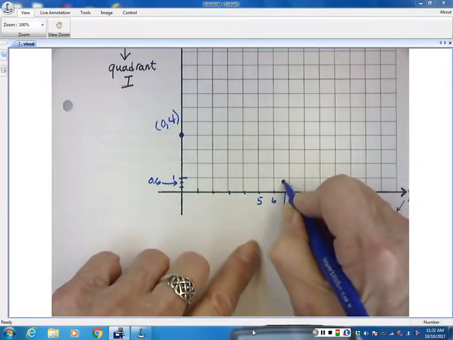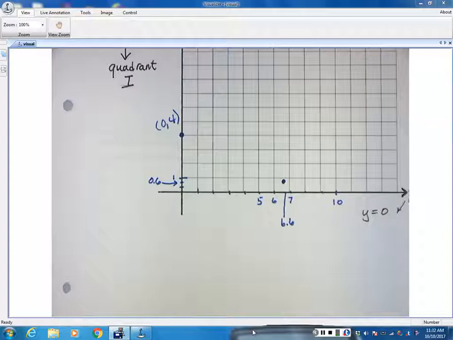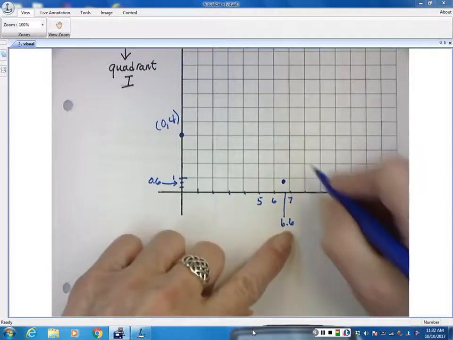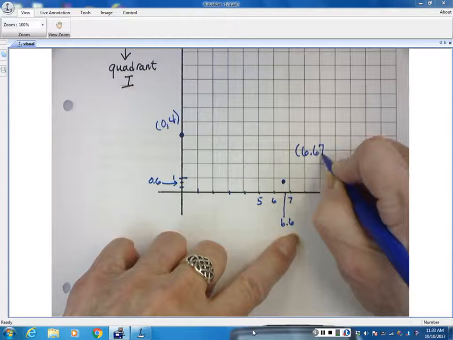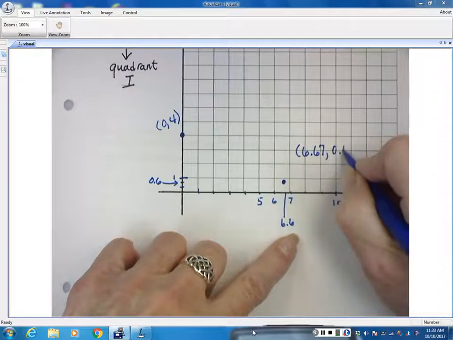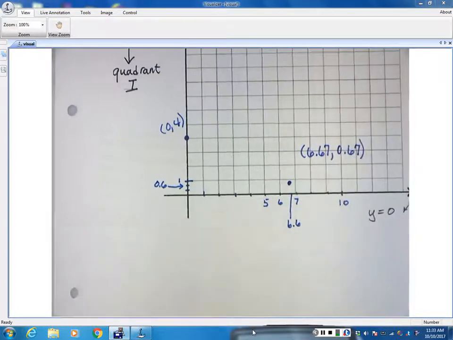So there's your intersection point. Your intersection point is 6.67 and 0.67. You don't have to use the fractions. You can use decimals.